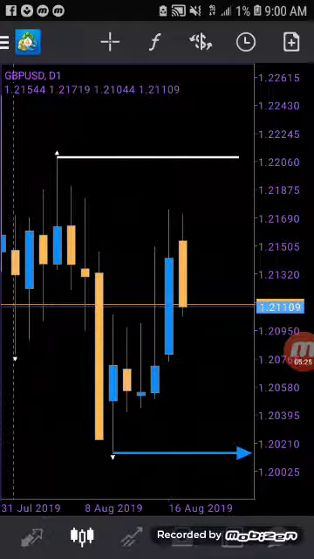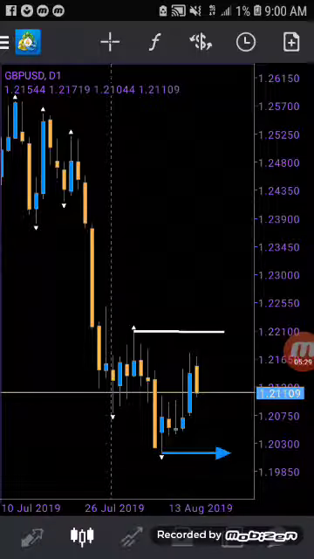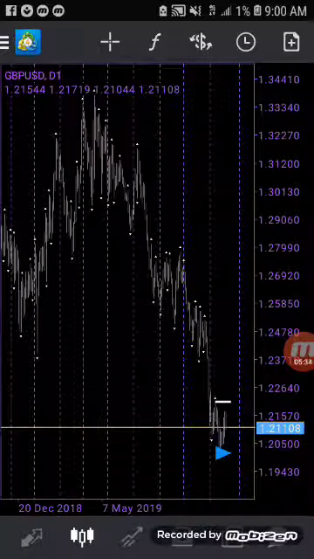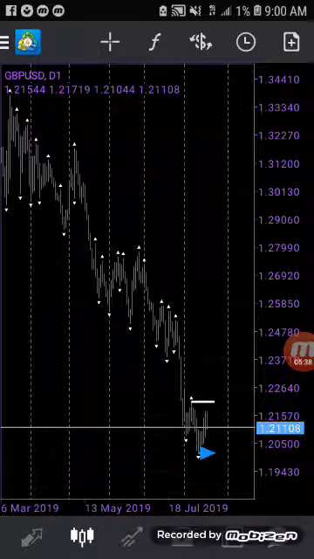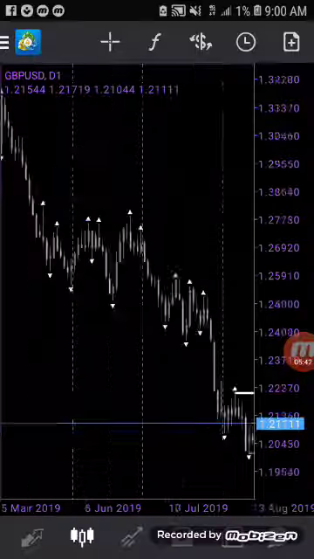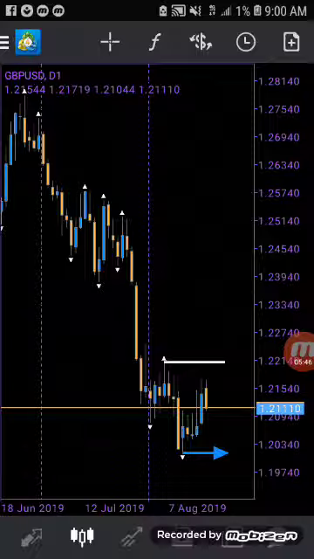So now I see my ceiling and I see my floor. If I zoom out, I'm near a bottom. I could be in accumulation phase. So it'd definitely be a good time to buy. If this was the bottom, this would be a good time to buy because of when it does the markup.